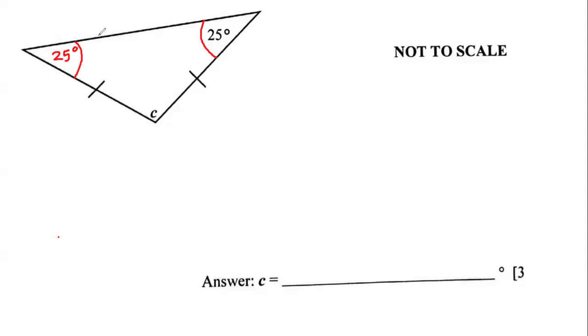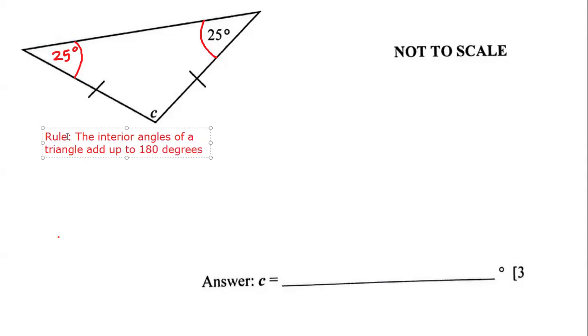Very good. So if this is 25 and this is 25, remember the rule, let's follow the rule. The rule states that the interior angles of a triangle add up to what? 180 degrees.